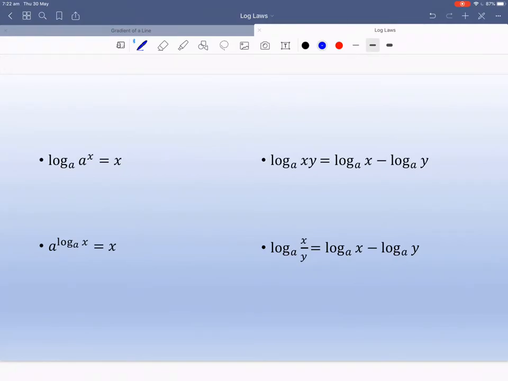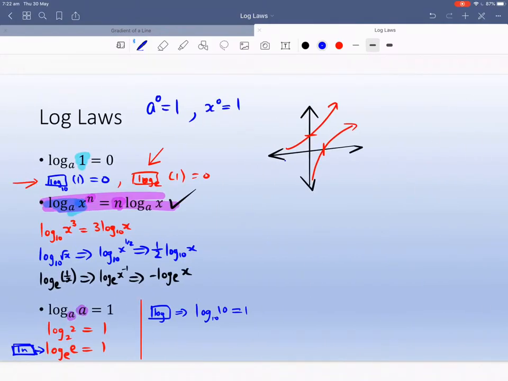Okay. So here, because of the reasons that we just discussed, if you've got the same base and the same number, let's work it out. So this one, I can move the x to the front, so it's going to be x log a of a, and that's just x times 1 because of the previous law right here.